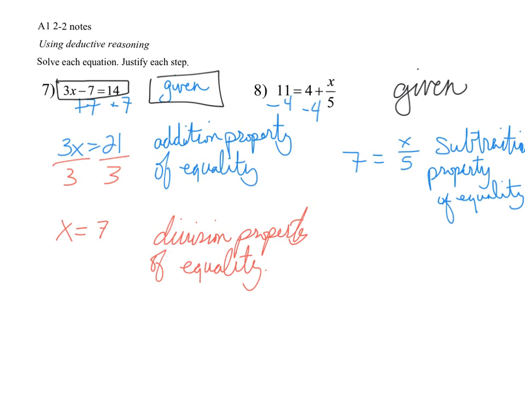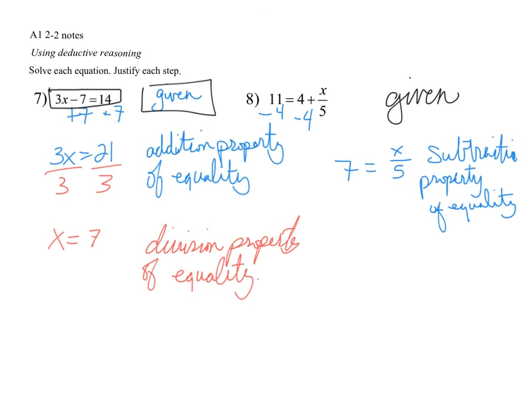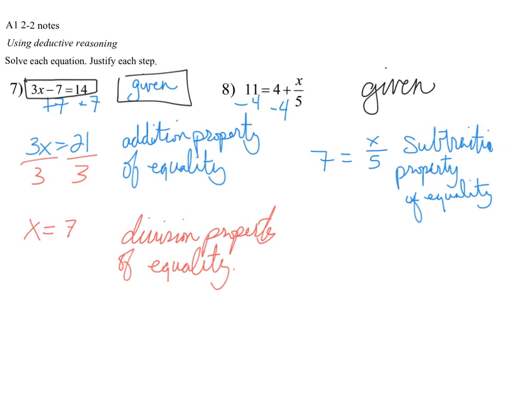So the next step that we want to do is multiply 5 times each side of our equation. And so when we do that, we're going to end up with 35 is equal to x, and that's because right up here we multiplied each side by 5.